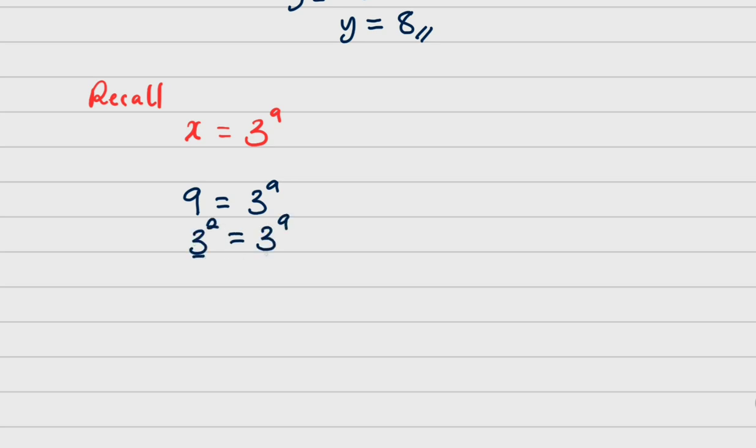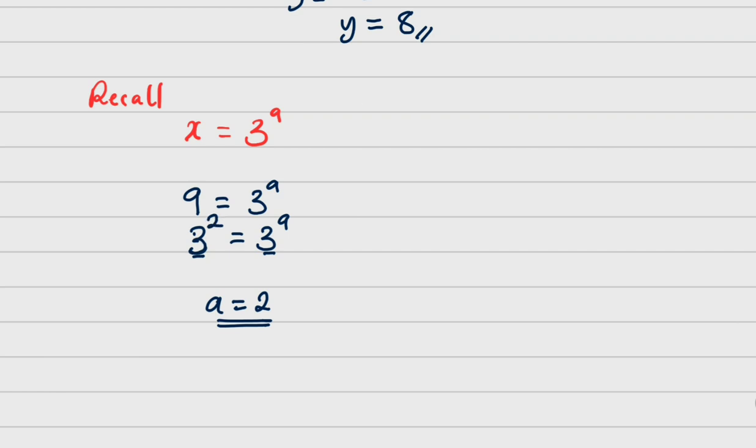So since their bases are the same, then it means that the powers must be the same. Hence, we can say that a is equals to 2. We've gotten a. Now, take note, this place is actually 2. Let me write it well so that you will not be confused. This is 2, all right?